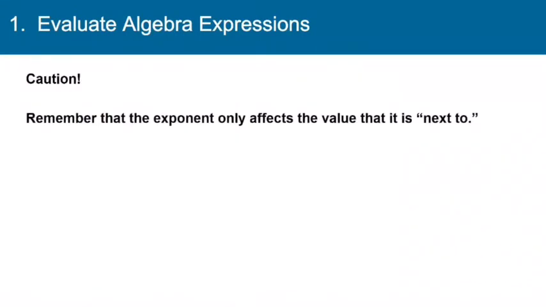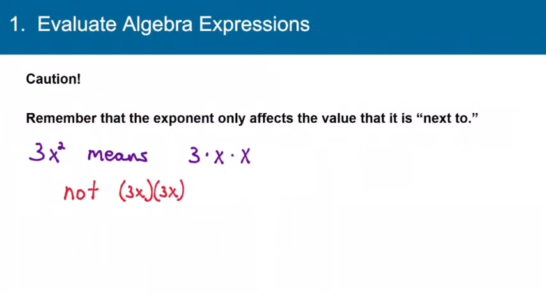So again, just a caution for you. Remember that the exponent only affects the value that it is next to. So 3x squared is equal to 3 times x squared. It's not 3x times 3x. It's not the whole 3x that gets squared. It's only the x that gets squared.